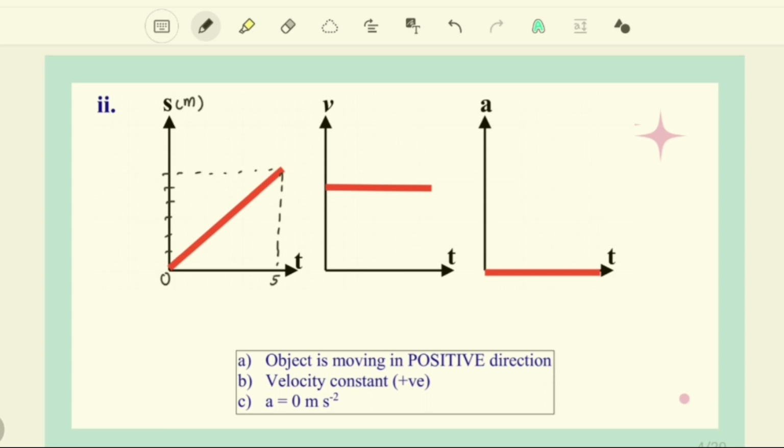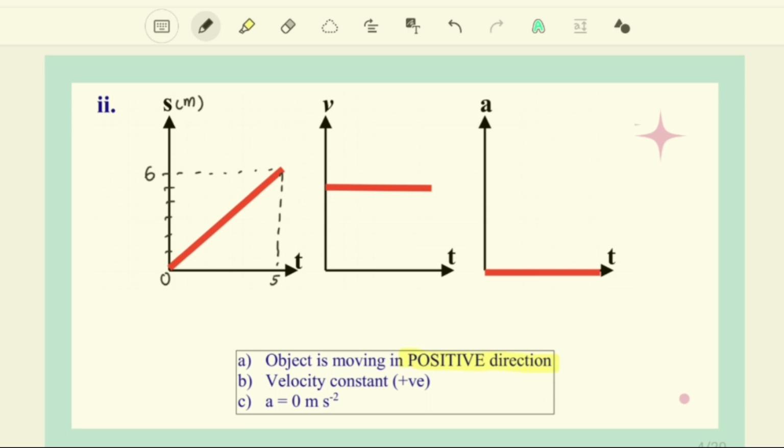Contohnya, so 6 meter. So in 5 seconds, it's moving to the right from 0 to 6 meter. The object is moving in the positive direction. Let's say we take it as to the right. Dia berjalan ke depan.